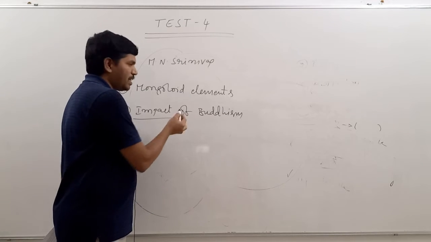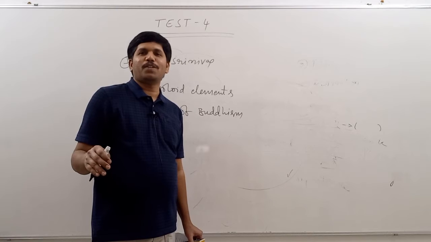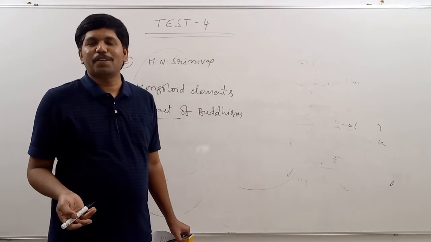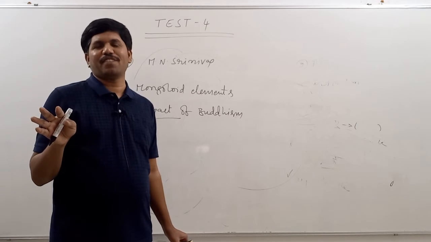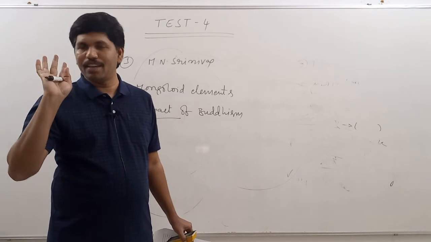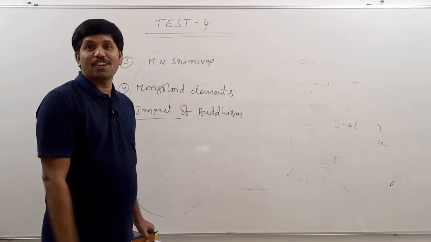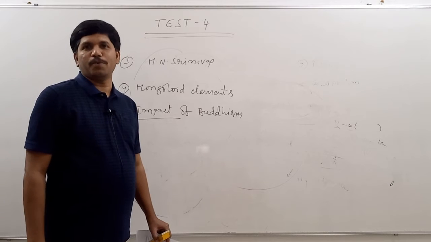Here the question is very clear. Impact of Buddhism. Some students wrote about what are the principles of Buddhism or what are the doctrines of Buddhism. All those are not necessary. If you want to mention all those things, just mention in the form of single line. That's it. Why? Because we have lot of content under this topic, impact of Buddhism.